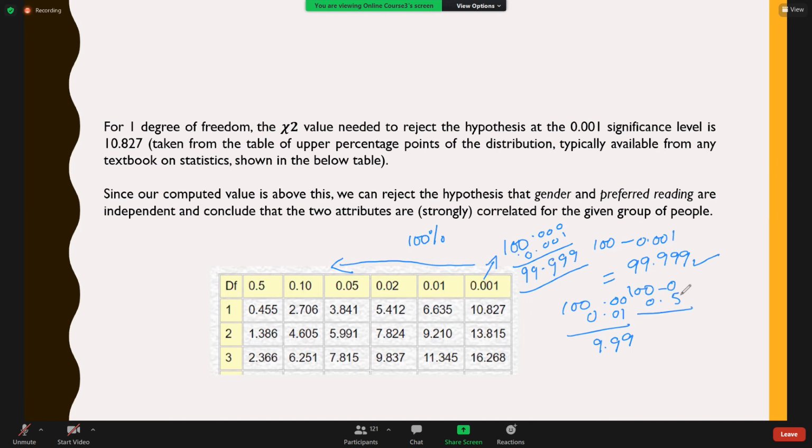So as you move from 0.01 to 0.5, the accuracy of our hypothesis will be less. So we check for the highest possible significance level, that is 0.001. Understood, Lasya? I hope I answered your question.